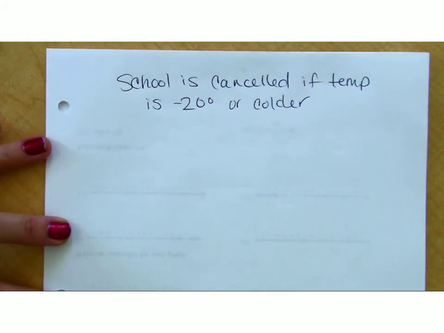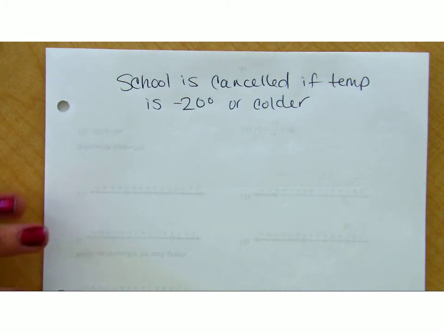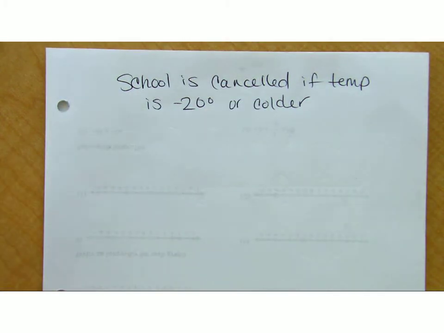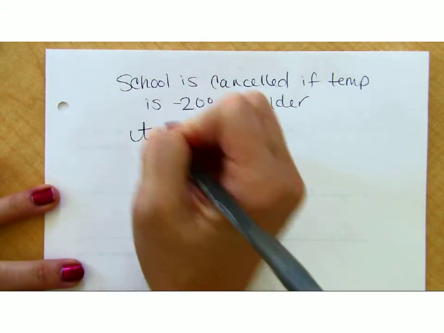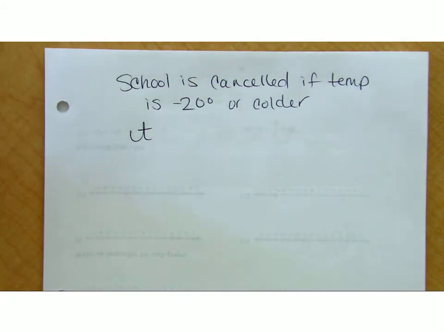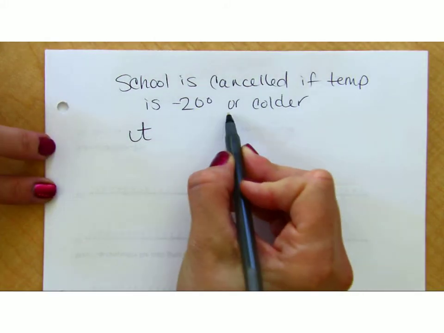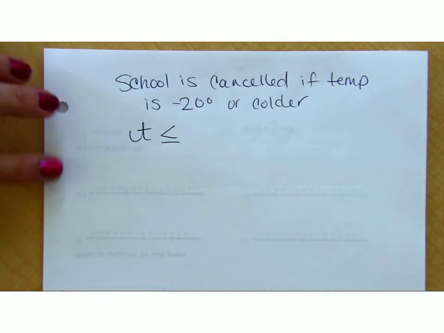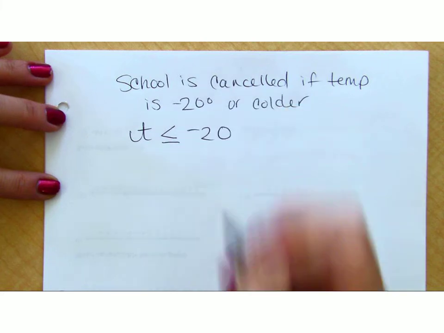What inequality would that represent? I used H for height. Let's use T for temperature. So write an inequality to represent that school is canceled if the temperature for the wind chill is 20 below or colder. Which one of these 4 symbols would I need? 20 degrees below or colder means if the temperature falls less than or equal to -20, then we sleep in, right?